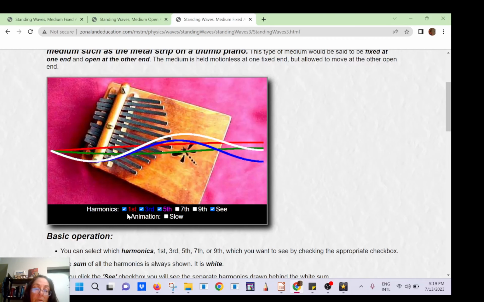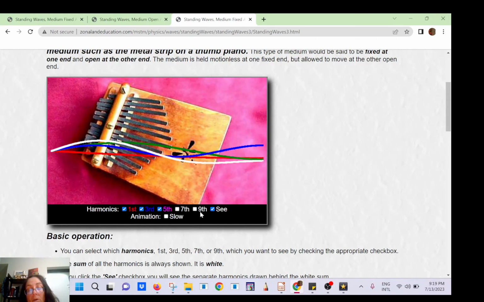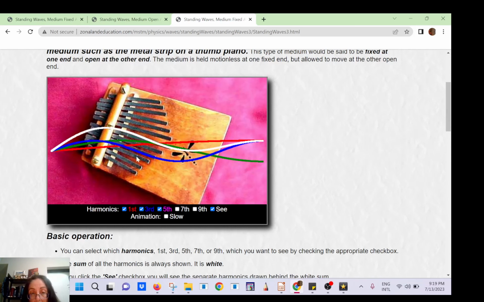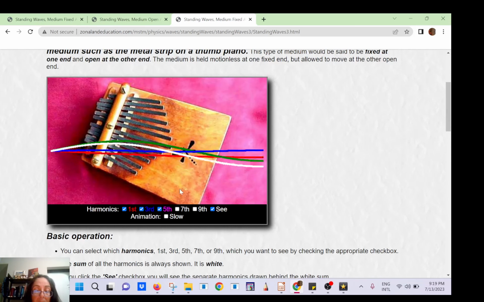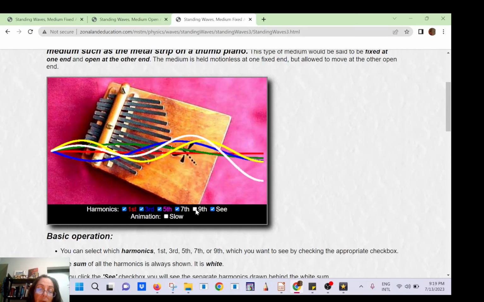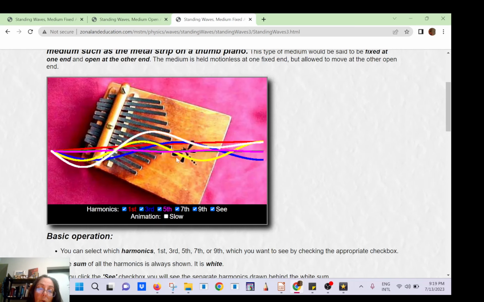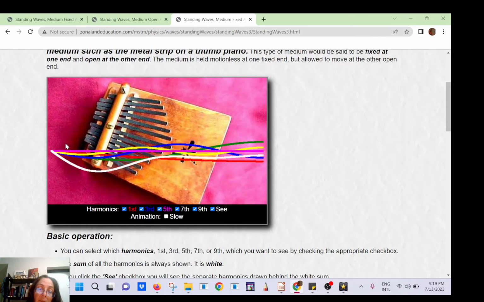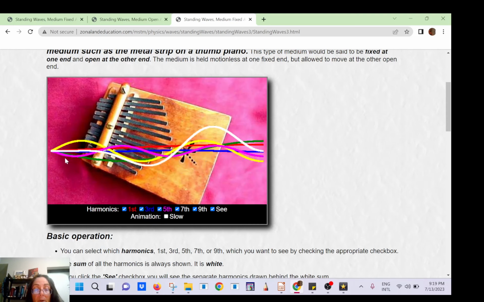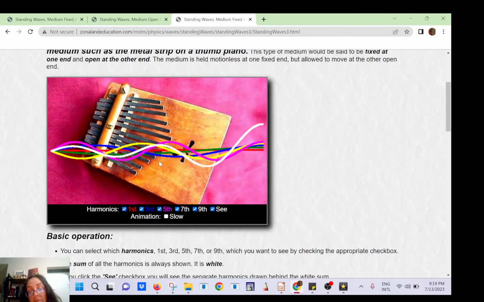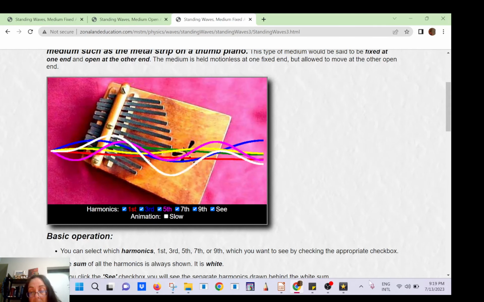I can have only the first, the third, the fifth, the seventh, and the ninth. They are only odd numbers. We're going to see that next. But you see all the harmonics here, and when you combine them together, superposition of all of them, you get the white waveform. Okay?